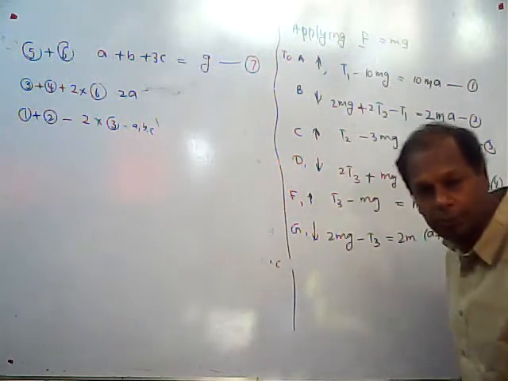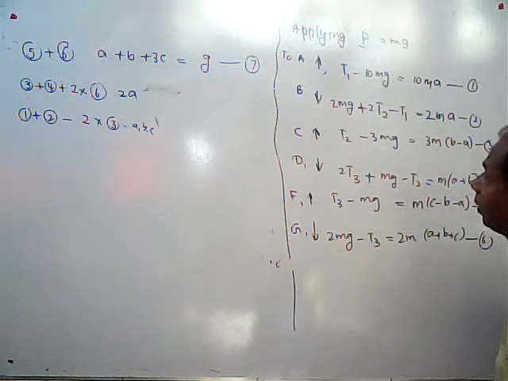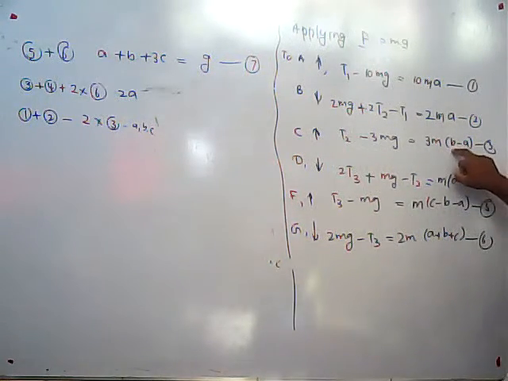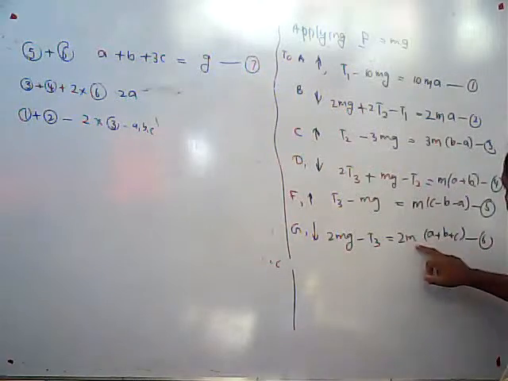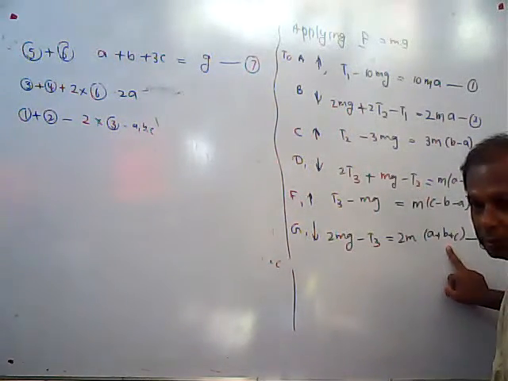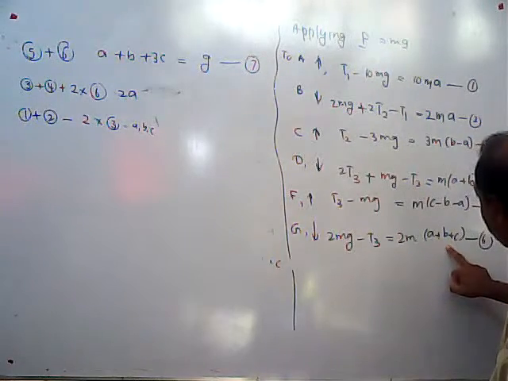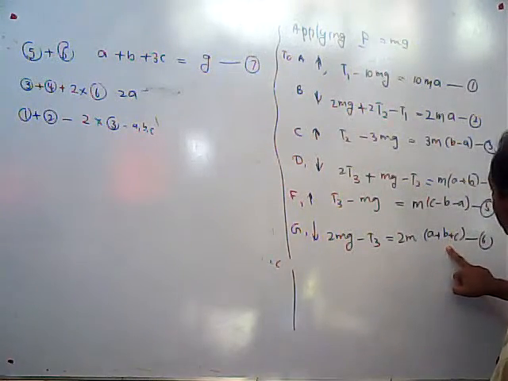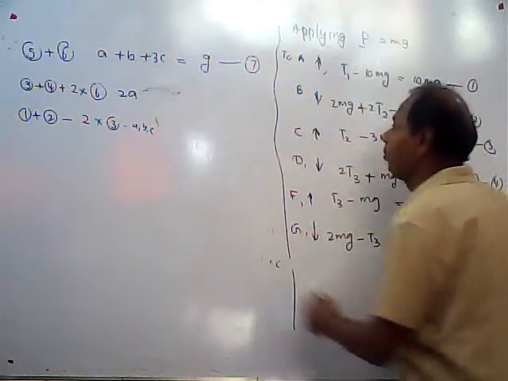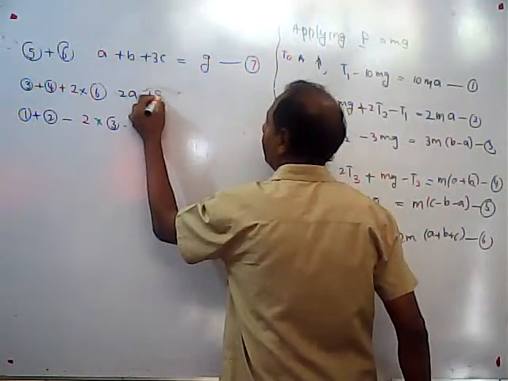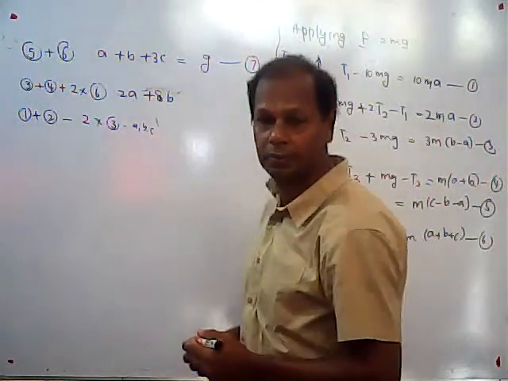Plus 2A. Then what about B terms? 3 plus 4. 3MB plus MB, 4MB. 4MB plus this into 2. That's another 4. So altogether 8MB, as M cancels, it will be plus 8B.